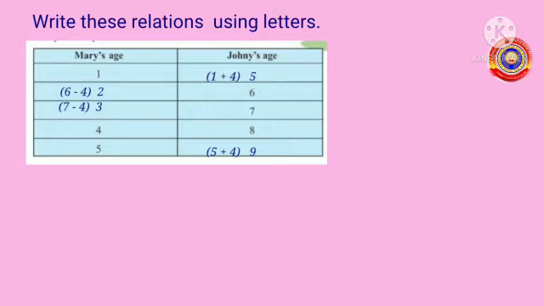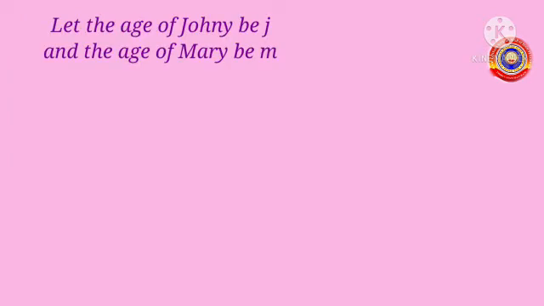Now, we have to write the relations using letters. For that, we have to assume some letters or alphabets to be the age of Mary and Johnny. Let the age of Johnny be J and the age of Mary be M. Now, we shall write the relations.